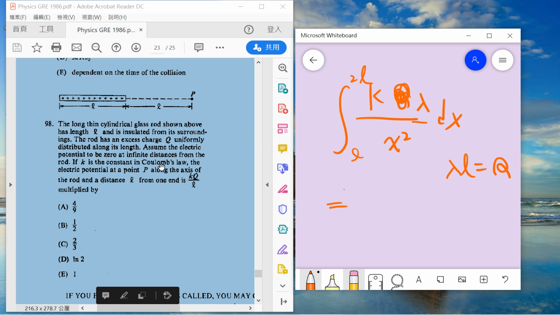It asks you about the potential. Okay, what? The electric potential. So there should be K lambda over x, not x squared. x squared is the electric field, so we have K lambda log x.